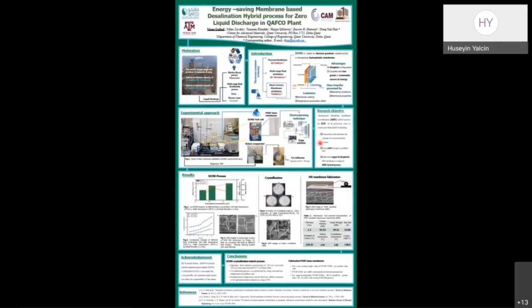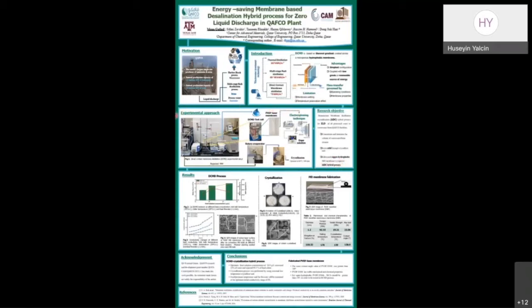Here in this work, we will focus on demonstrating a DCMD system along with a crystallizer unit to solidify all the wastewater stream in order to attain zero liquid discharge. And to tackle the membrane wetting issue, we will work on fabrication of a superhydrophobic membrane.